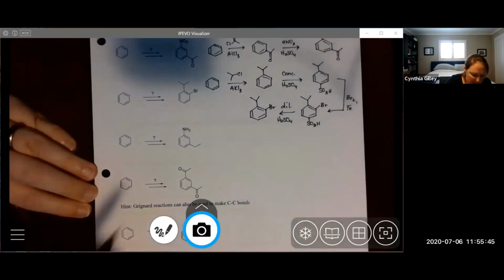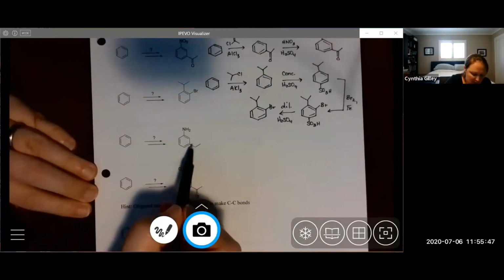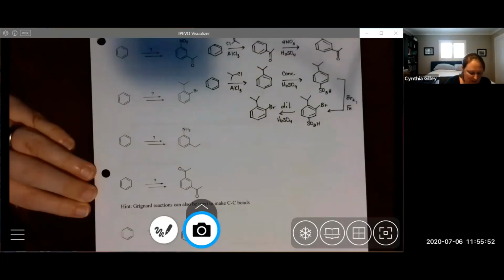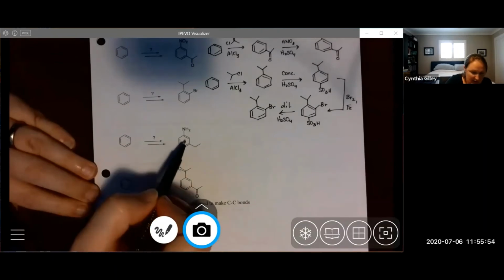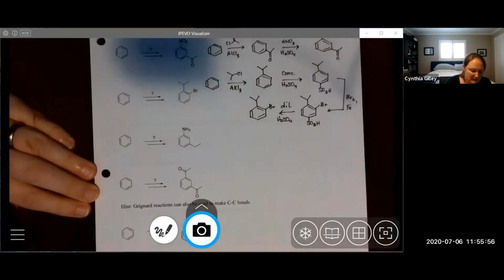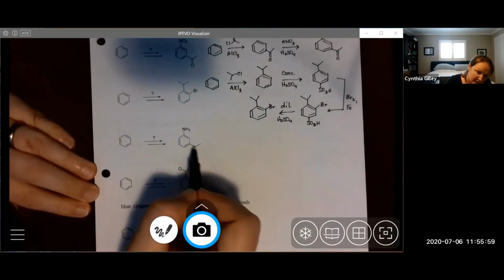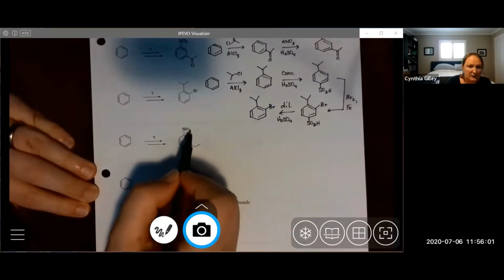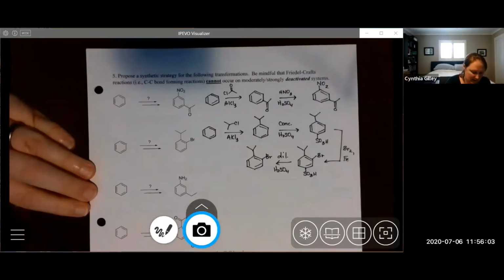So note though that either way, if you do an alkylation or an acylation, it's still a Friedel-Crafts reaction. And we can't do it if there's a nitro group on the ring. So it makes sense to do this reaction first, then introduce the nitro group, kind of like we did up here.